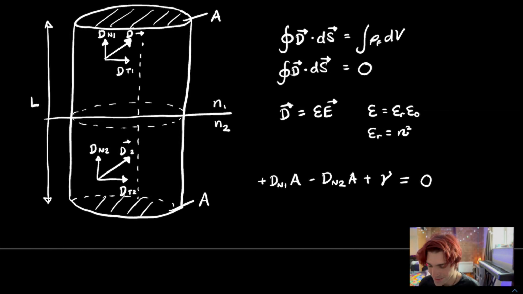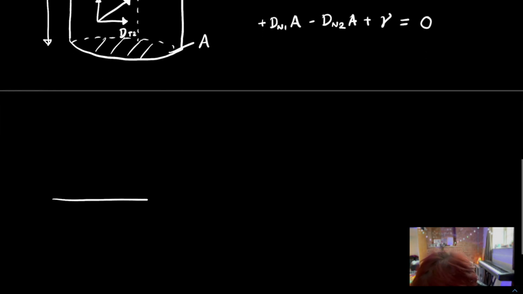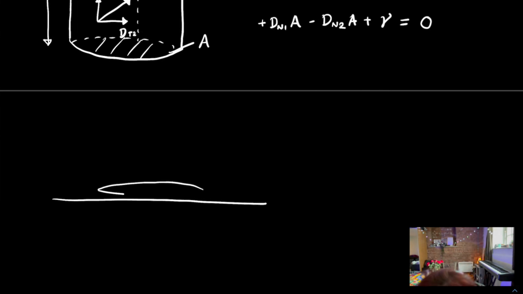Now, here comes the trick that we often like to use with the boundary conditions. It doesn't really matter how tall this cylinder is, because we're only interested in what's happening at the very surface. So we are going to consider the limiting case where we have our boundary right here, but we have our pillbox just about straddling the surface between the two boundaries.